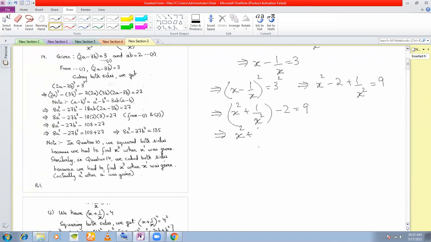You get x square plus 1 by x square is equal to 9 plus 2, which is equal to 11. And that's your answer. Okay, this was an easy enough problem. We now move on to the next problem here.